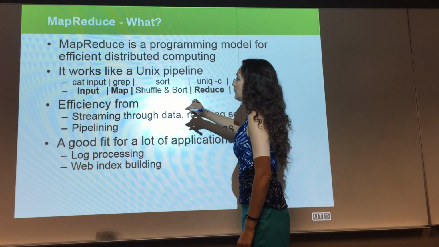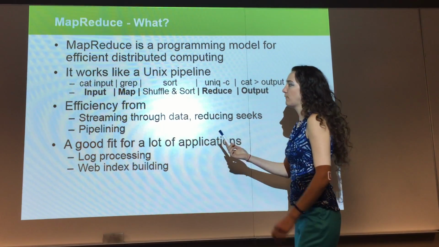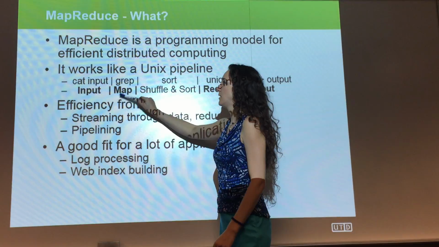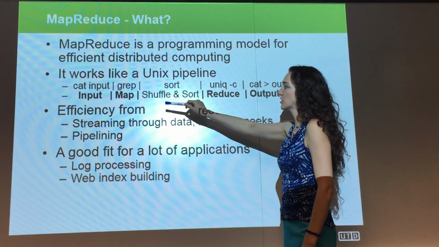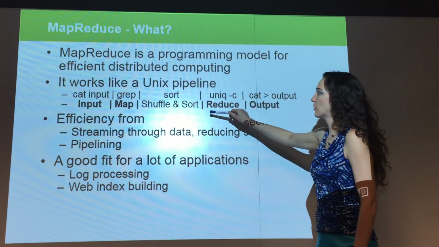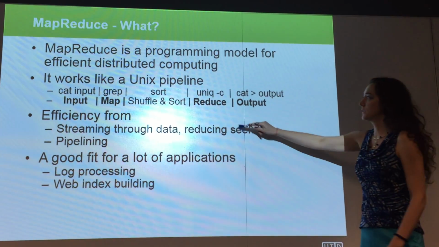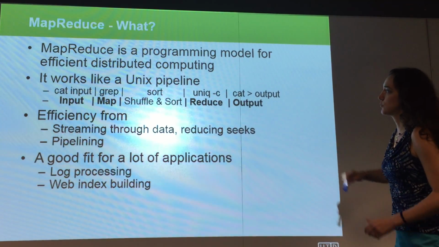So it has an input, then maps. Some functionality we can implement into this map function, then either shuffles or sorts, and then we implement some functionality in the reduce function, and the output is produced.